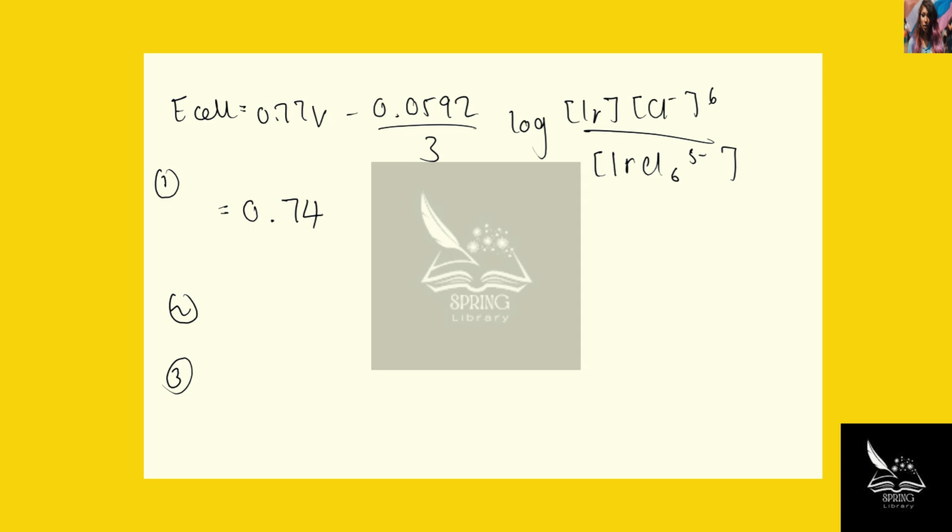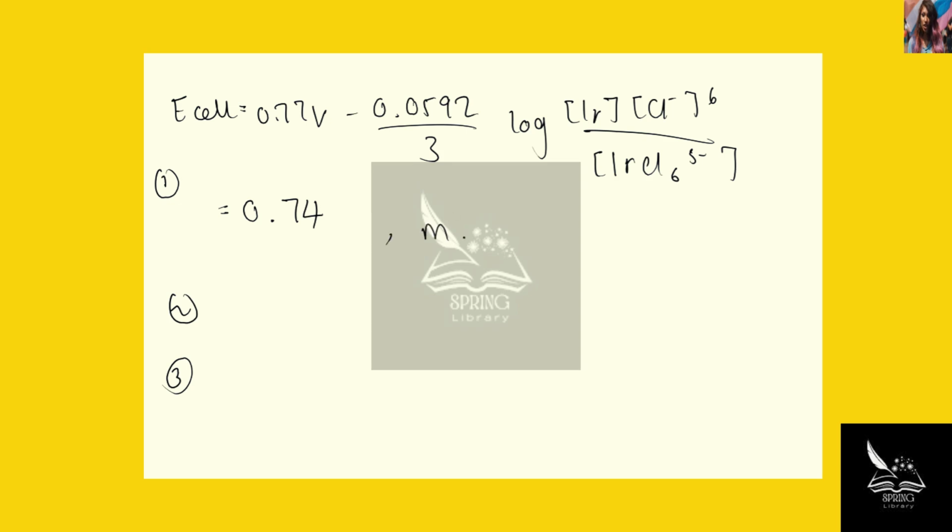We then have the second and the third. So then what we can take a look at is plugging in a different concentration for IrCl6.